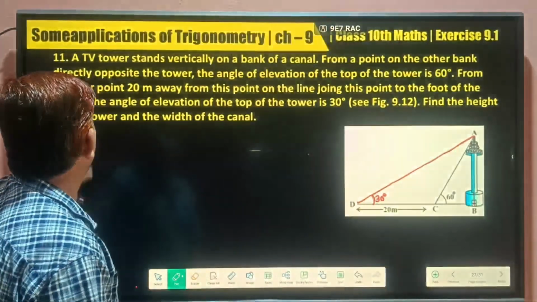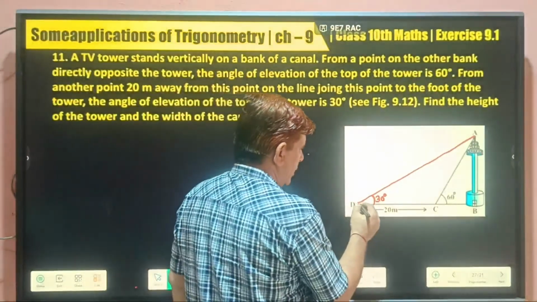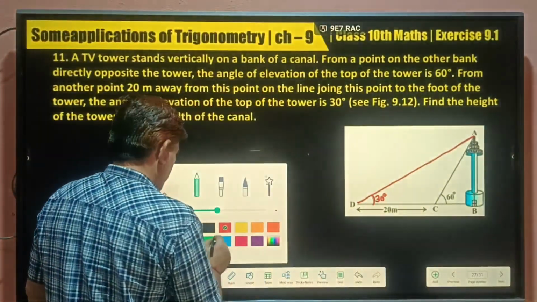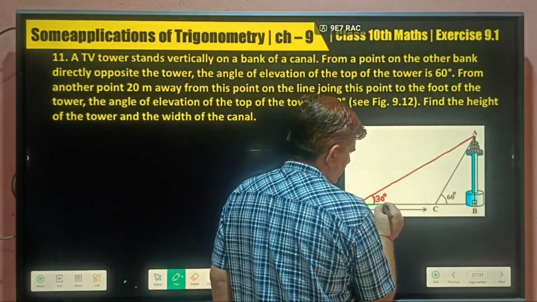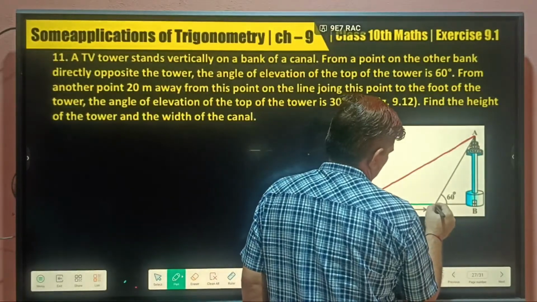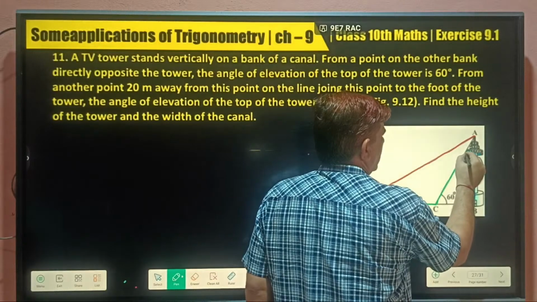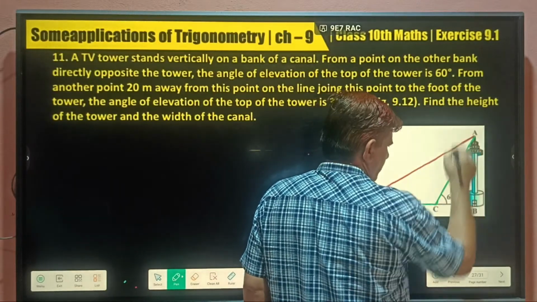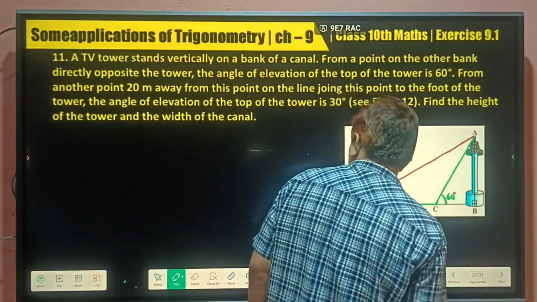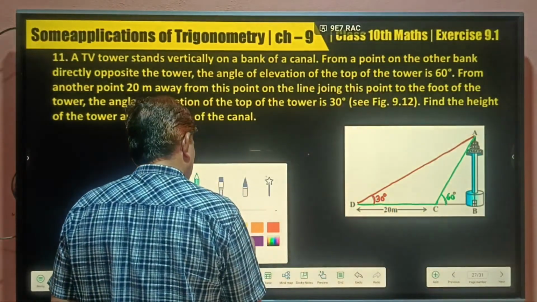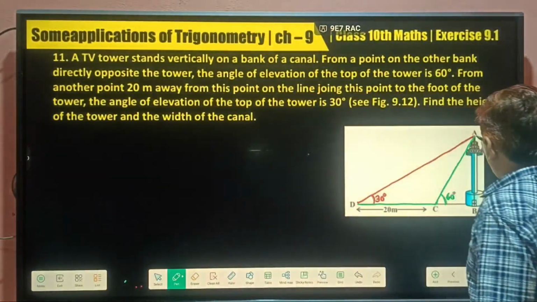From another point 20 meter away from this point, moving in this direction, 20 meter, the angle of elevation to the top of the tower is 60 degree. And what's the height of the tower?